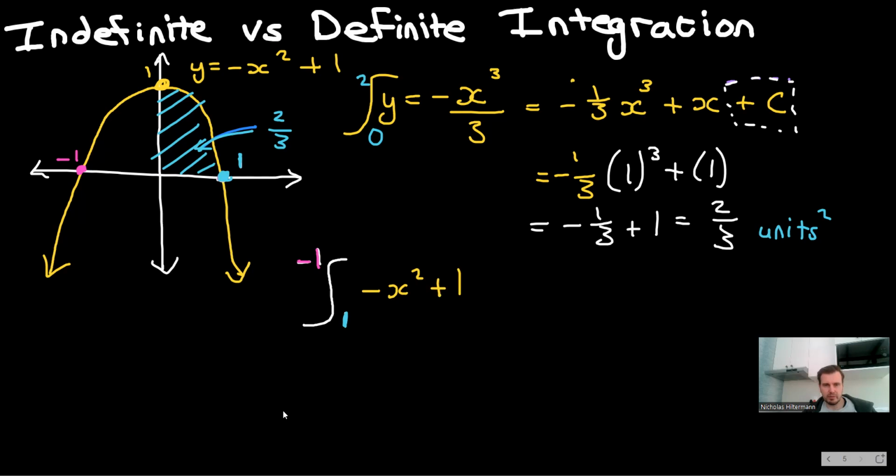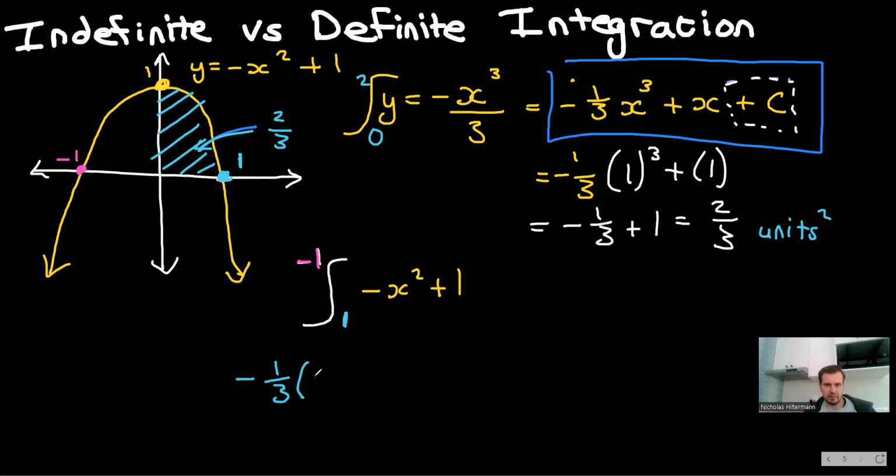We know the integral is this over here, so I'm not going to do it again. This is the integral. But what this says is to substitute in, so go from 1 to minus 1 and put in the integral. So if I start at 1, I say negative a third, and then I put in a 1 here. Let's do the integral in yellow and the substitution in 1. So the negative 1/3 x cubed plus x, plus c, and I sub in 1.